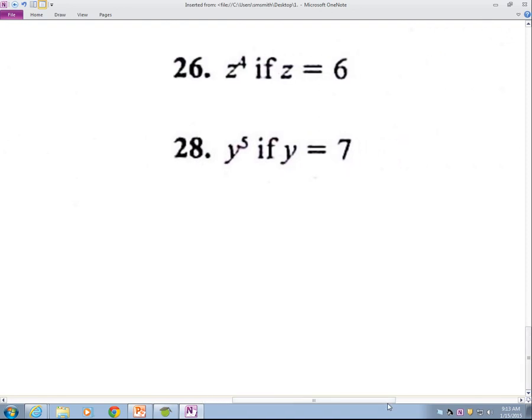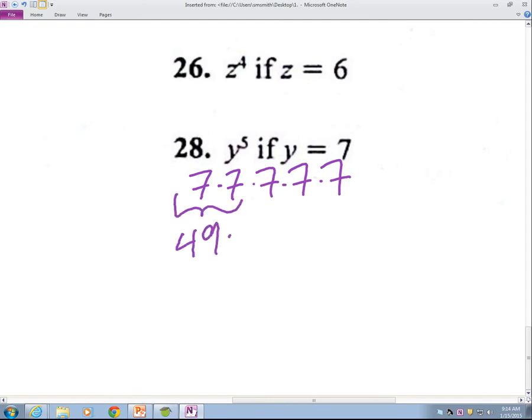So y to the 5th if y equals 7. The first thing I'm going to do is draw a weird 7. 7, 2, 3, 4, 5. The way I'm going to do this, I'm just going to do 7 times 7, which is 49, then 49 times 7.